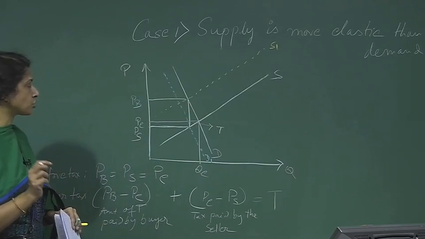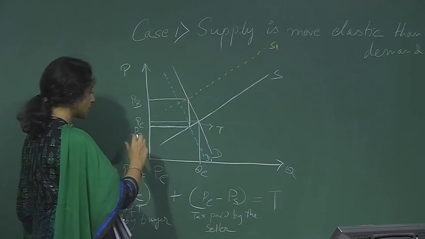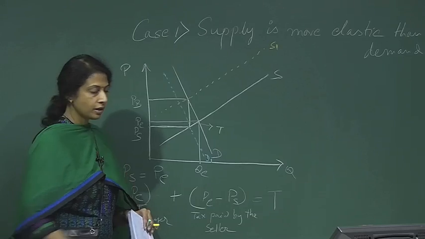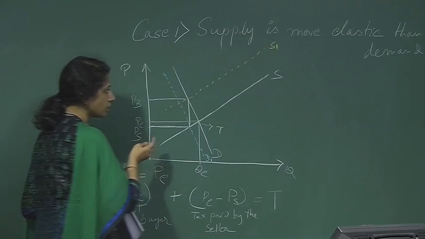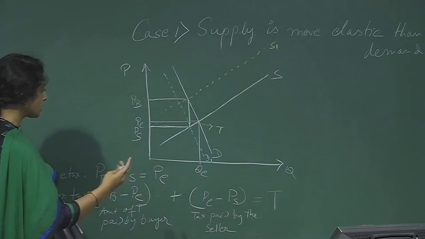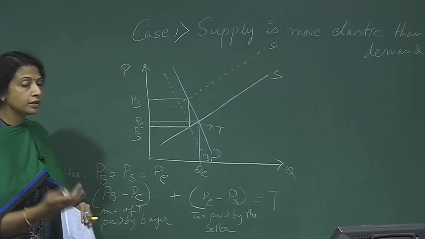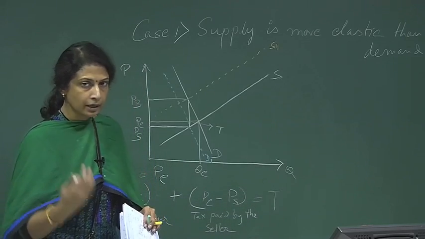Now coming back to our original question, how much of the tax should the buyer pay and how much of the tax should the seller pay? In this situation we can clearly see that when we have drawn a flat supply curve and a steep demand curve, the amount of tax paid by the buyer is much higher than the incidence of tax that falls on the seller.